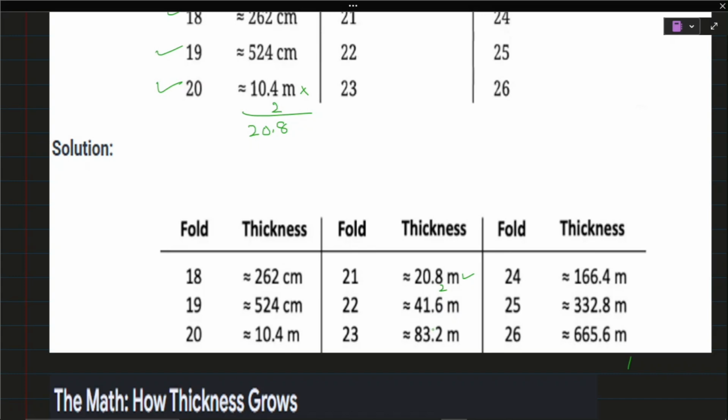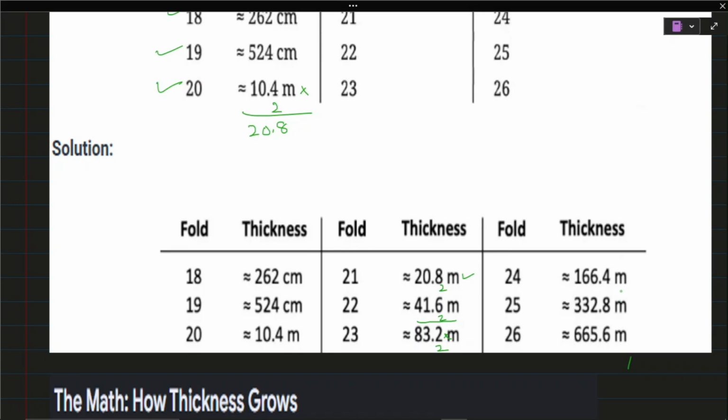Now the 23rd thickness you can find by multiplying the 22nd thickness by 2. Then you will get the answer. Similarly, you will get the 24th by multiplying the 23rd thickness by 2. That is, every time the thickness will double.